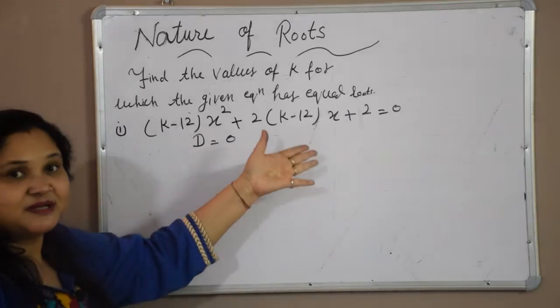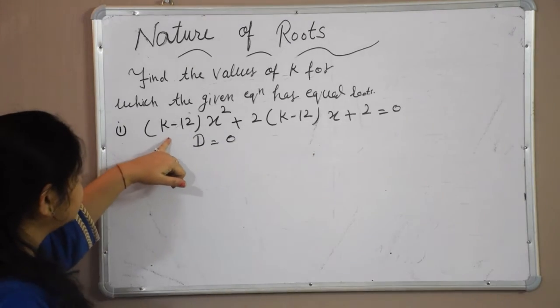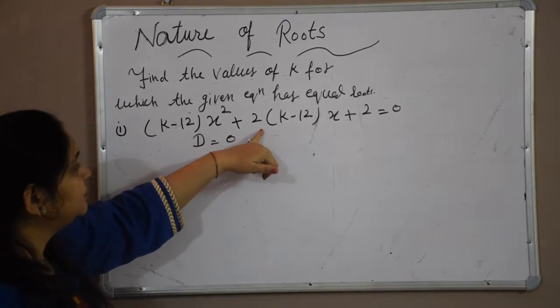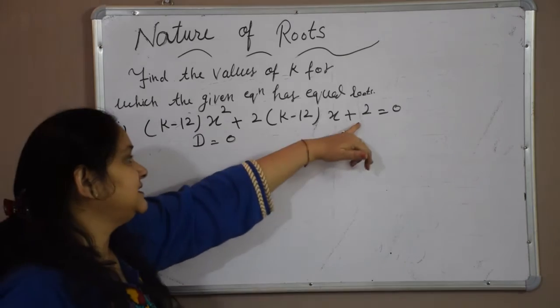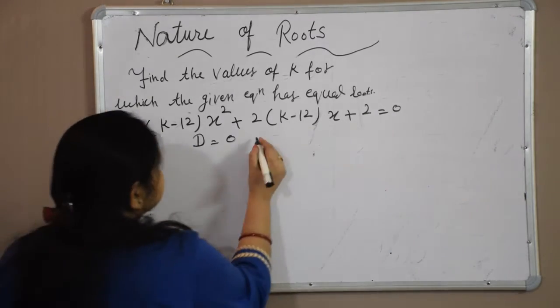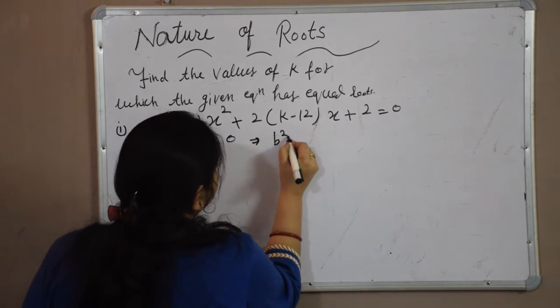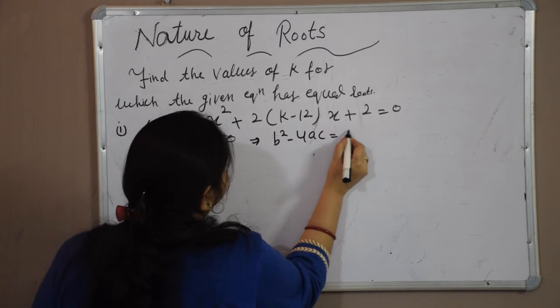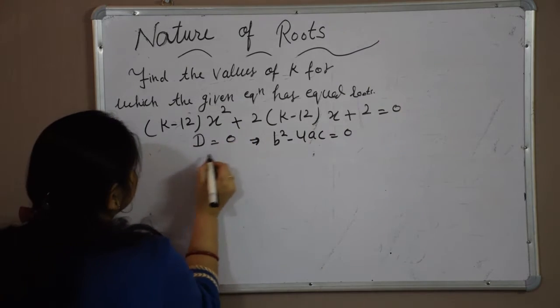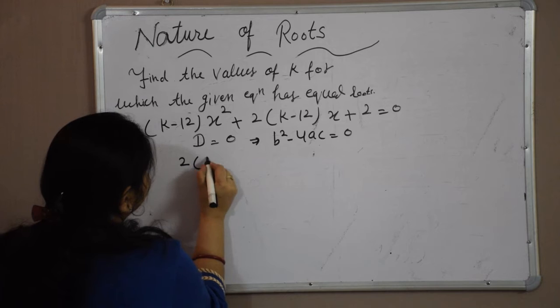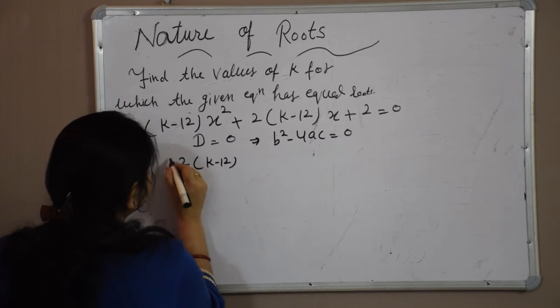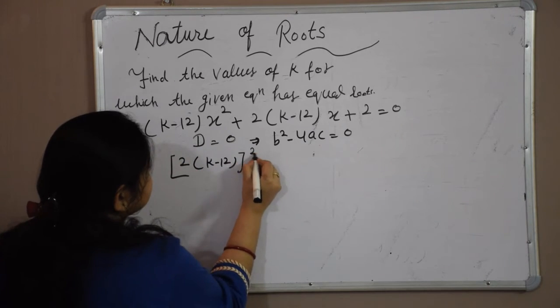Now you can compare the given equation. Here a is equal to k minus 12, b is equal to 2 into (k minus 12), and c is equal to 2. D is equal to 0. This implies b square minus 4ac equal to 0, and our b is 2 into (k minus 12) whole square. This is our b.